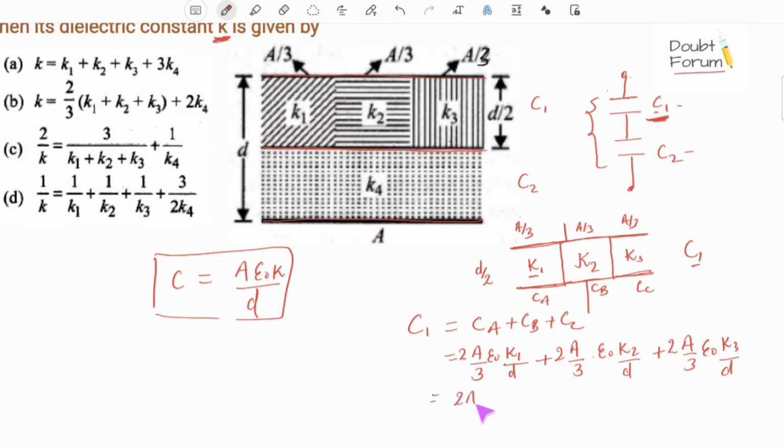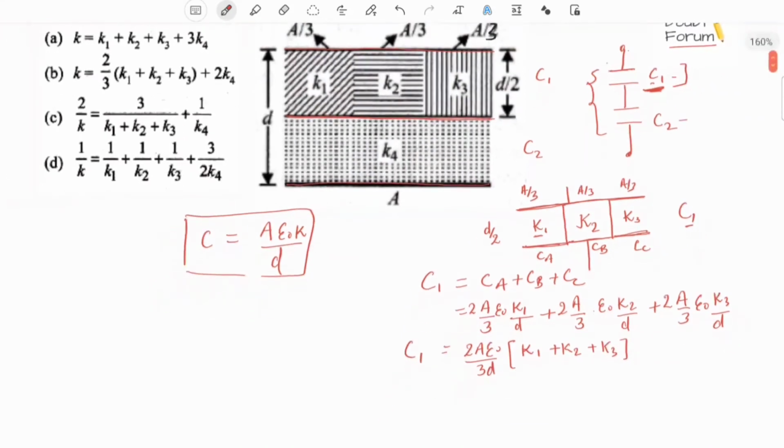So 2A epsilon naught divided by 3d we can take common. So what remains inside will be K1 plus K2 plus K3. This is the value of C1. So we managed to get the value of C1.